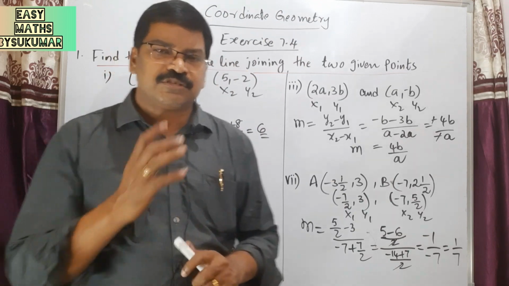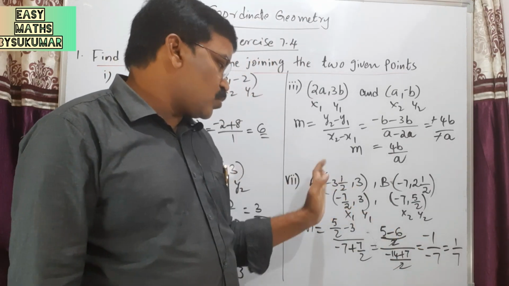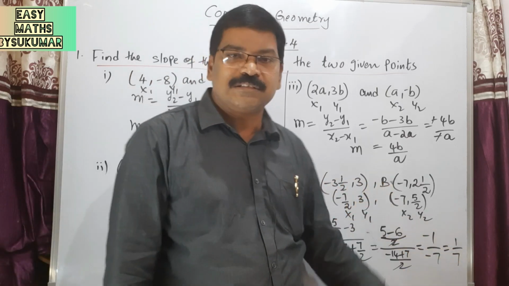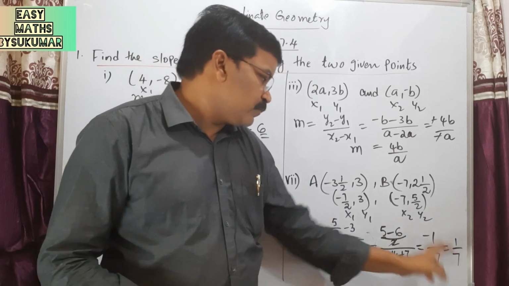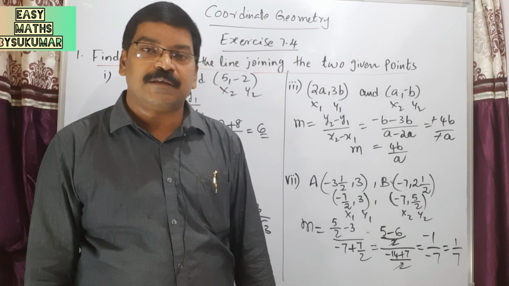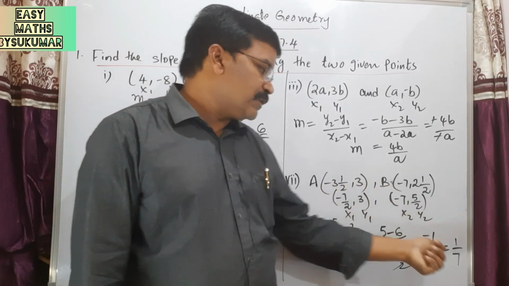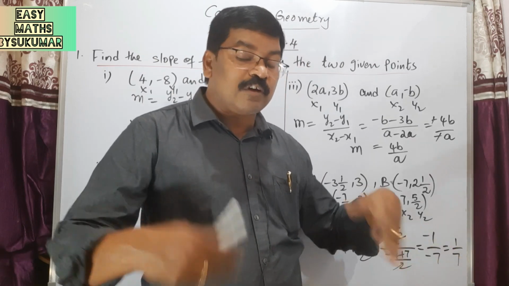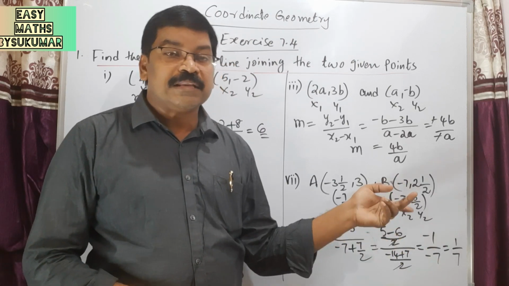So my dear students, I want to ask you one question here. The slope of the line segment joining the points A and B is 1 by 7. So what would be the perpendicular slope of this straight line AB? The slope is 1 by 7. What would be the perpendicular slope of AB? So that is minus 7.